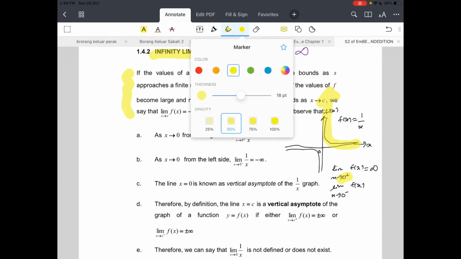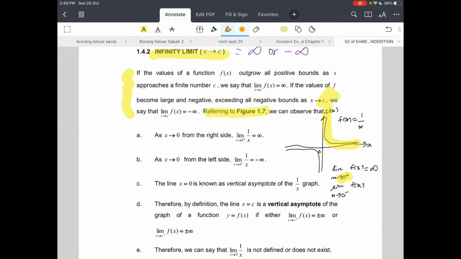Now as for the second part, limit x approaching 0 from the left side. Approaching 0 from the left side is over here, and it goes down here, don't know where it will stop, so the final answer will be negative infinity.